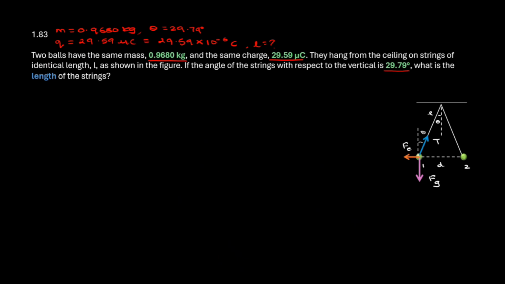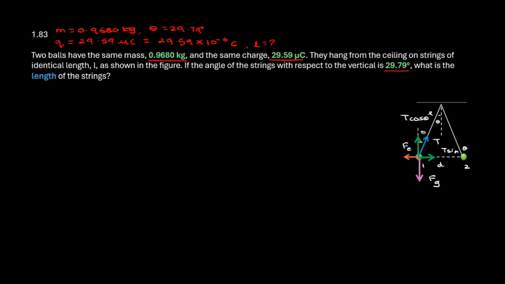The force due to tension is neither lying on the x-axis nor on the y-axis, so we have to split this force into its component. One component that goes along the y-axis, we call this component T cosine theta. The other component that lies on the x-axis, we call this component T sine theta.